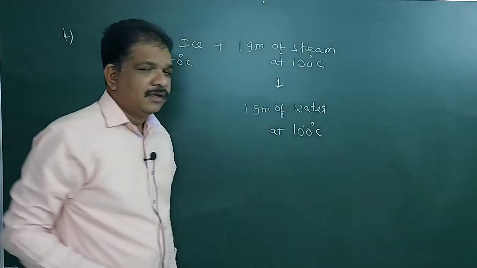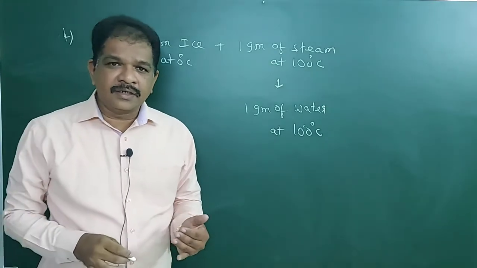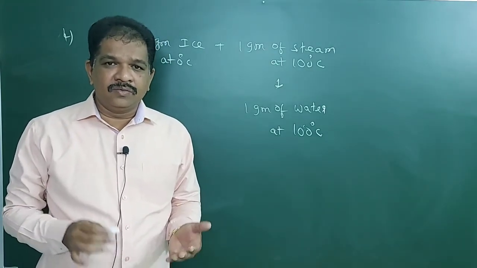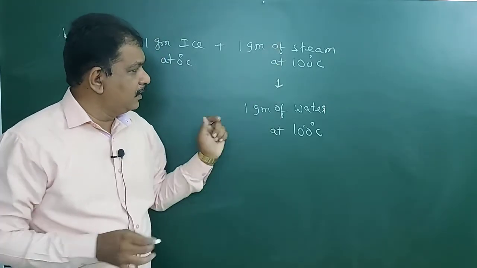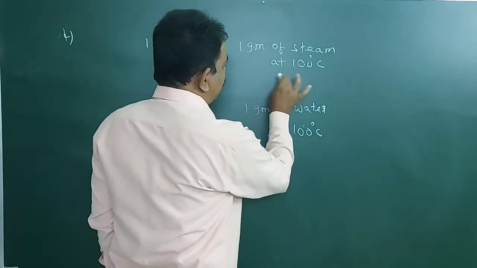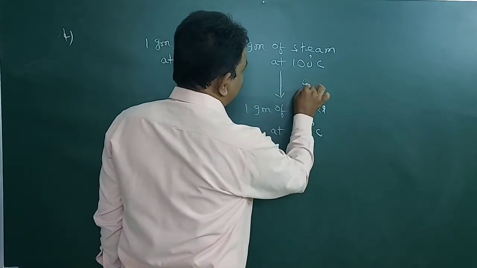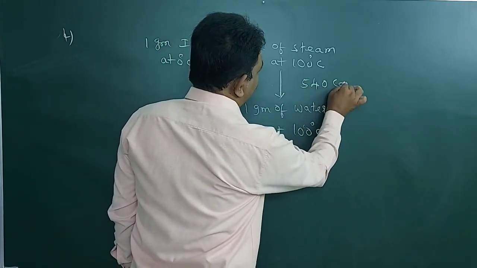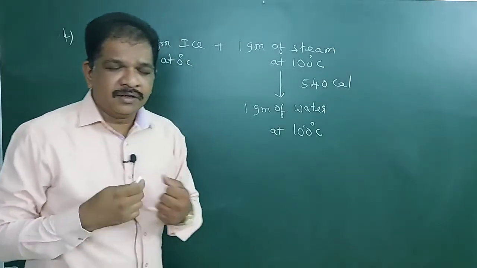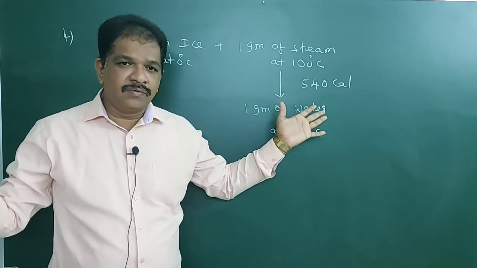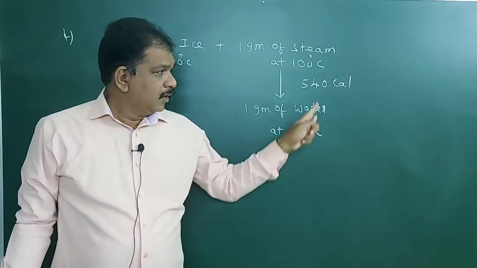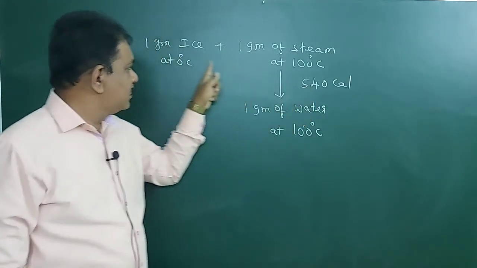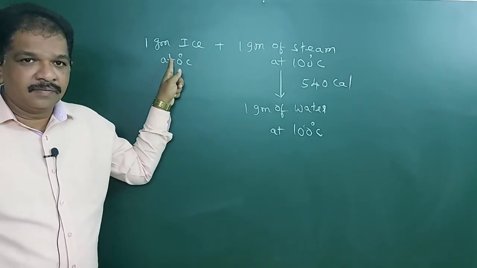Steam at 100 degrees centigrade will convert into water at 100 degrees centigrade by releasing some heat energy. How much is that? 540 calories of heat it will give to the surroundings, and this 540 calories is absorbed by the ice.